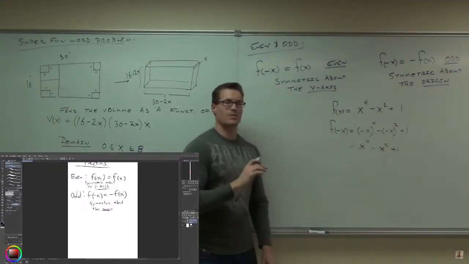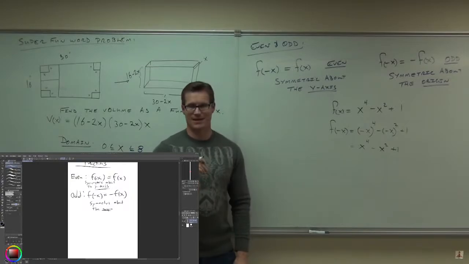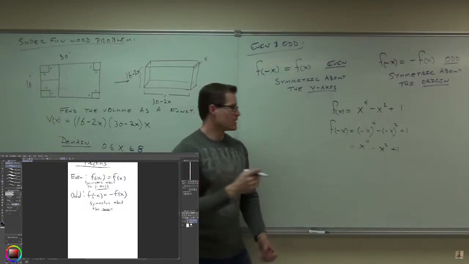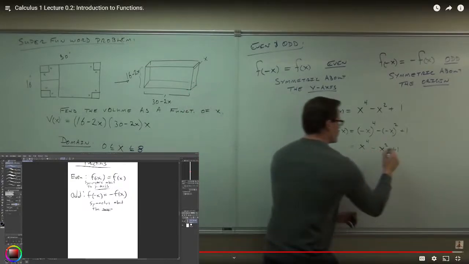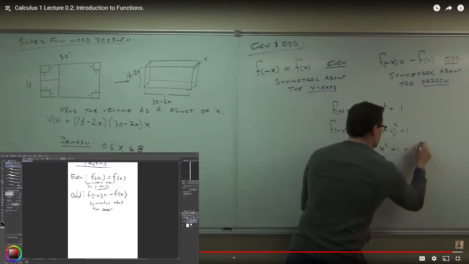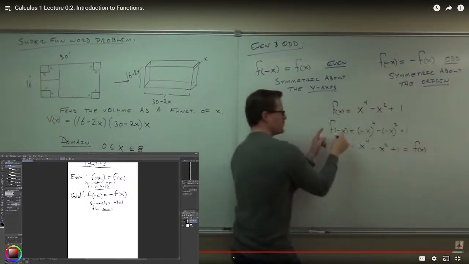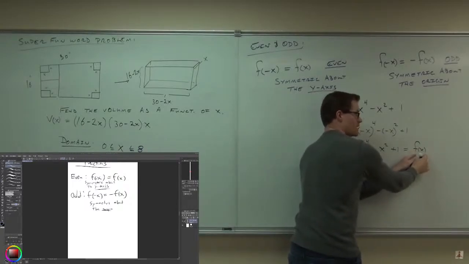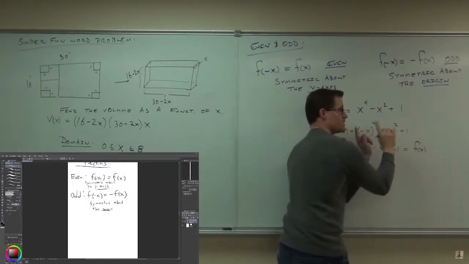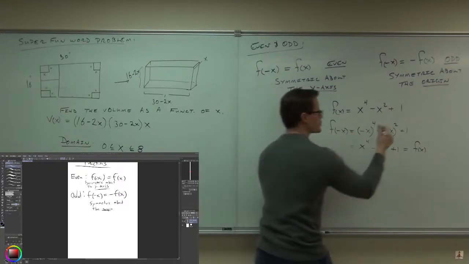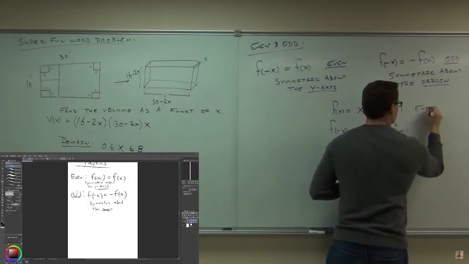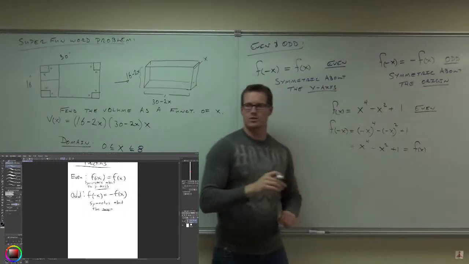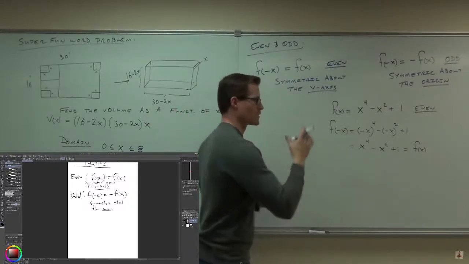Did we get the same thing back again? Exactly the same thing back again. So then even f of x. If you plug in the -x and it gives you back out your original function, your f of x, does that mean it's odd or does that mean it's even? This is definitely an even function. And that's how you tell. This is going to be symmetric across the y-axis. Mirror image.